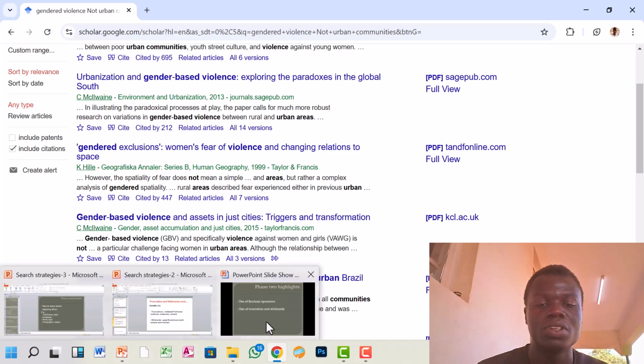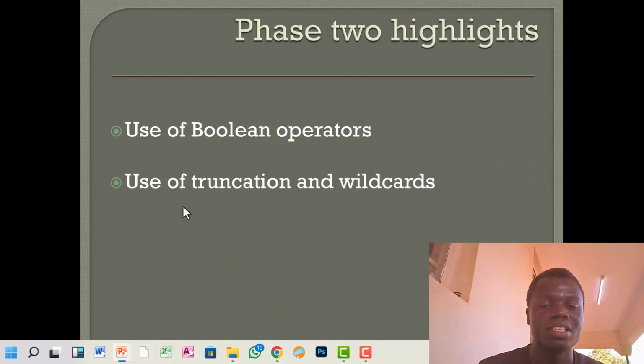In this case, we shall be looking at the use of truncation and wildcards, like the asterisk sign or the question mark sign. When using truncation, it retrieves relevant results.